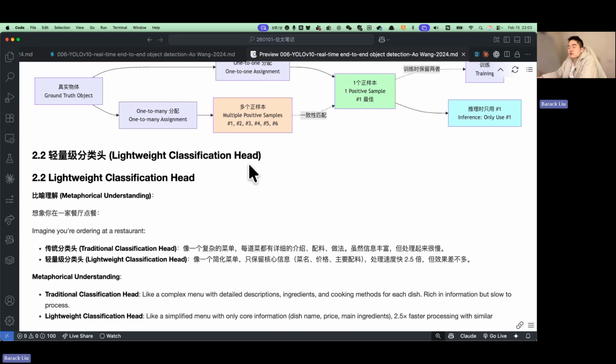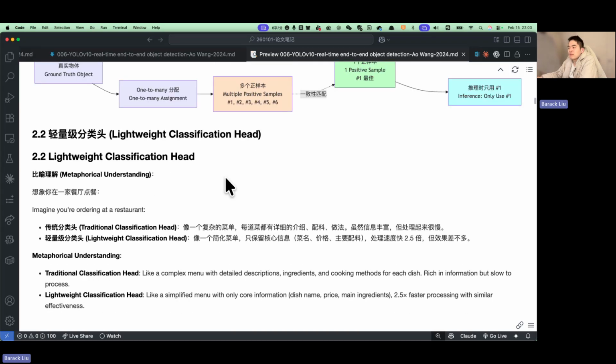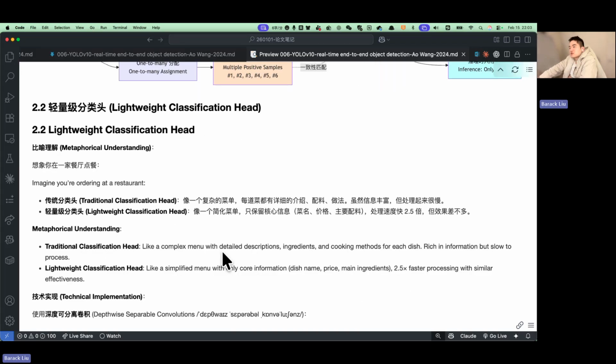Okay. The second one is lightweight classification head. Imagine you're ordering at a restaurant. Traditional classification head is like a complex menu with detailed descriptions, ingredients, and cooking methods for each dish.